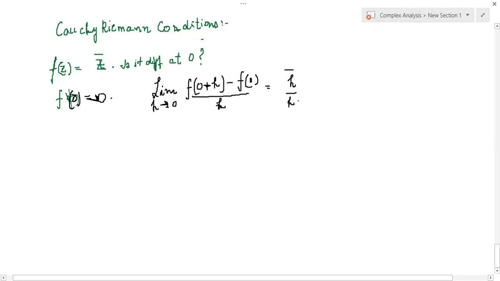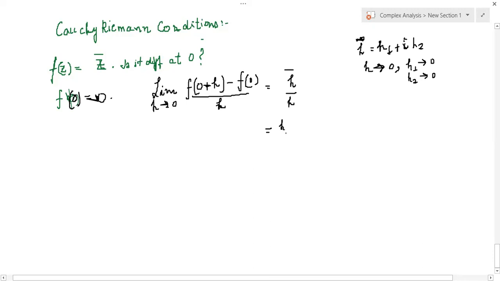And now let us write h equal to h1 plus iota h2. If h tends to 0, it implies what? It implies h1 tends to 0 and h2 tends to 0. So what is h bar?